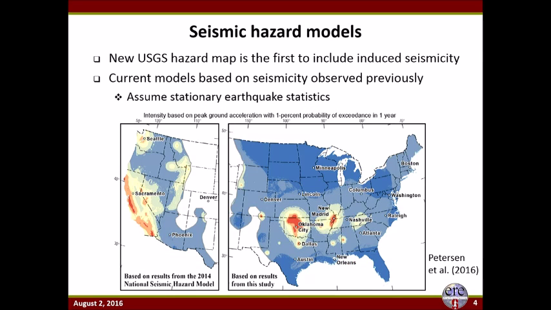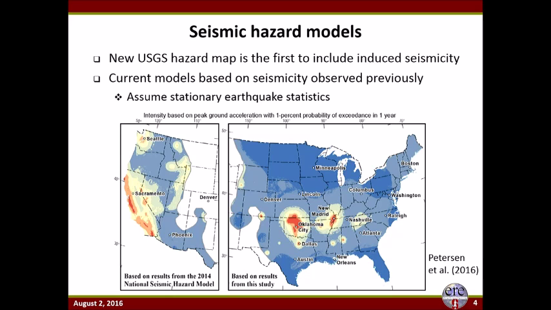So from an engineering perspective, it's really important to characterize and quantify seismic hazard. And the U.S. Geological Survey, for instance, releases these types of seismic hazard maps. And this year, for the first time in that agency's history, they decided to release a version of the map that included the effects of induced seismicity.